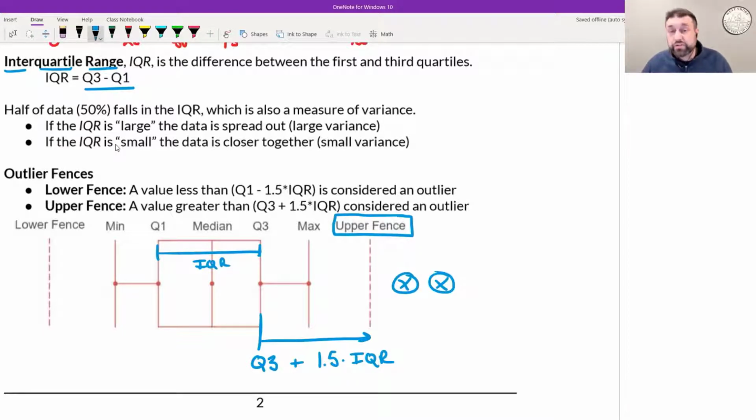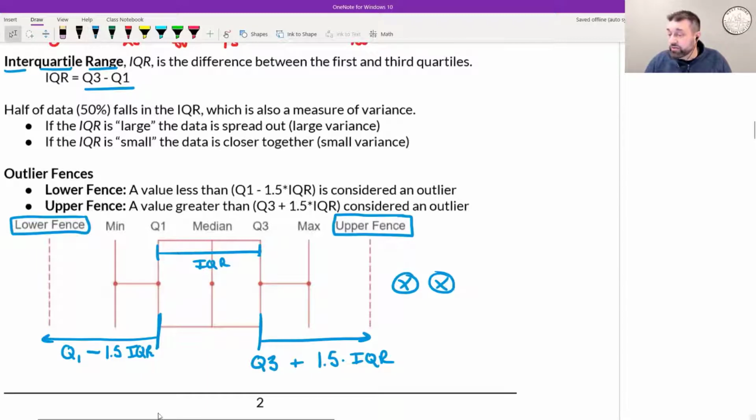We do the same thing on the other side. So we start at Q1. And what we're going to do is take Q1 and subtract 1.5 times the IQR. And this is the lower outlier fence.